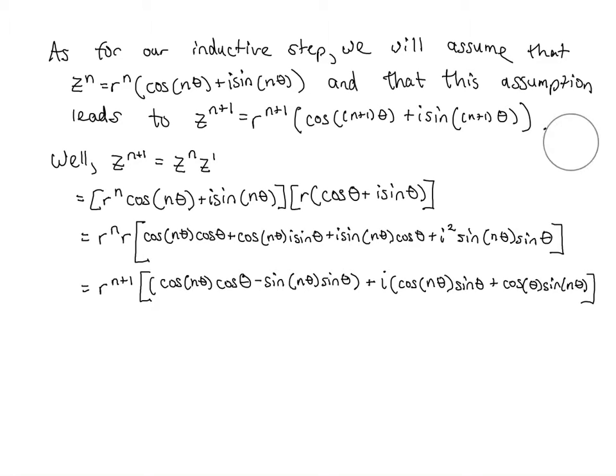I was able to do that because we know that i squared is equal to -1, and all I did was move some stuff around. If you need to pause it and see that, you can, but I'll continue here.